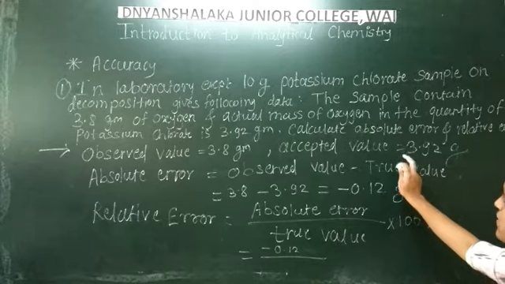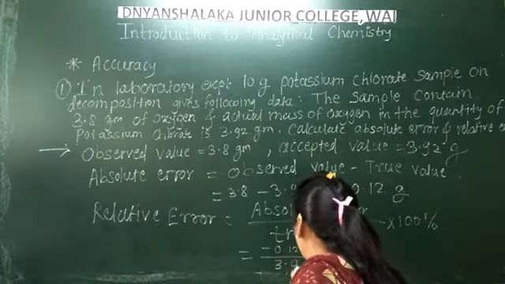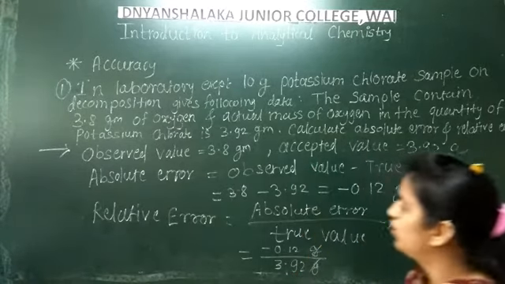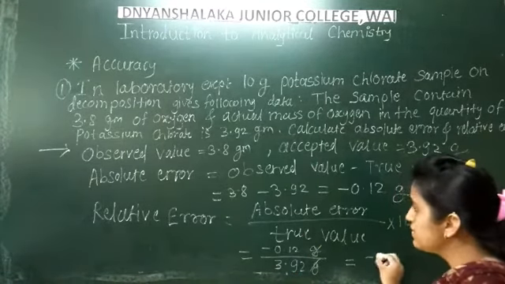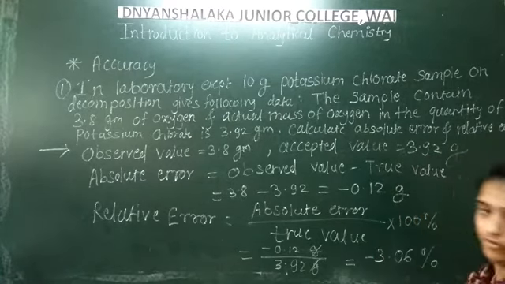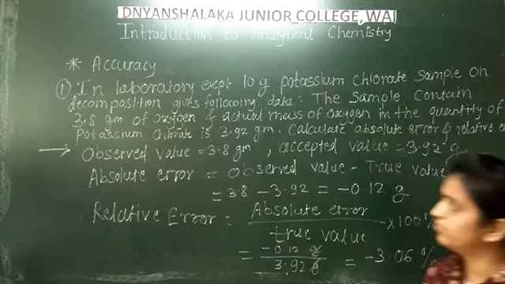True value means accepted value, which is equal to 3.92 gram. So gram gets cancelled out. On dividing, we get minus 3.06%.